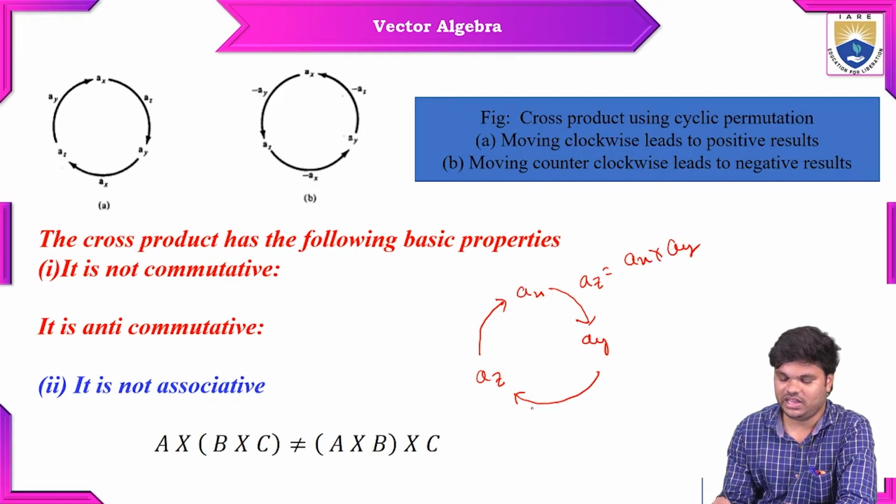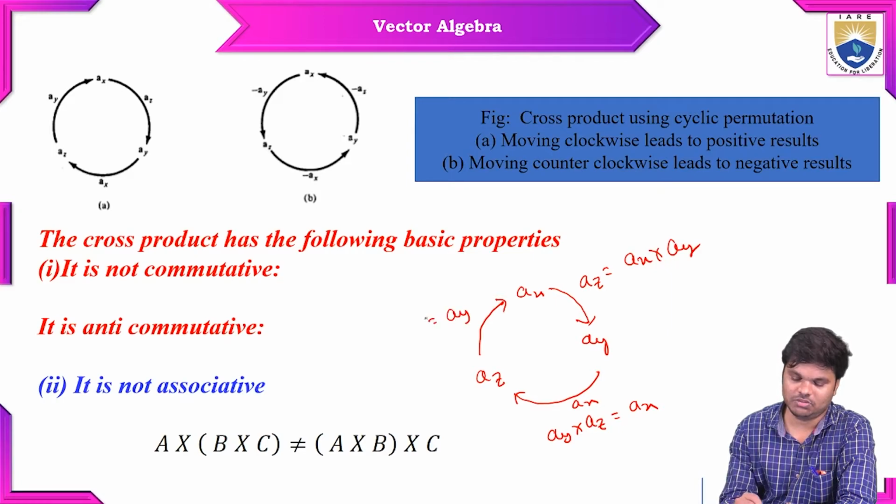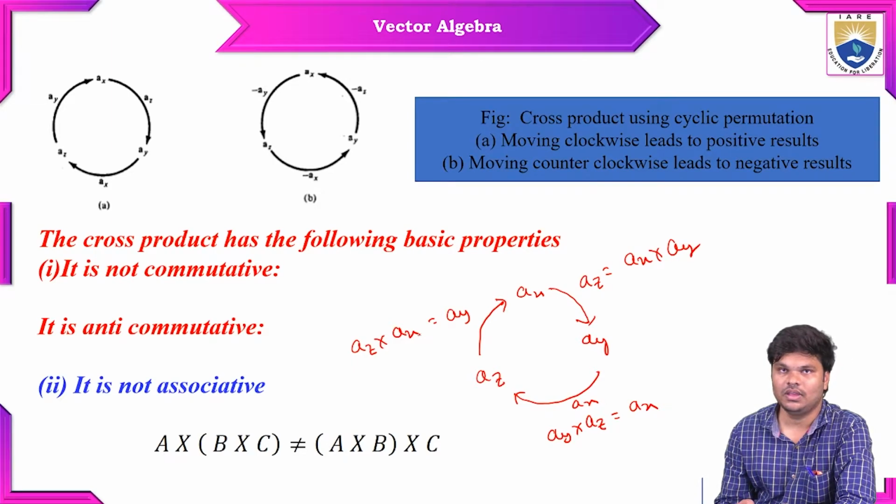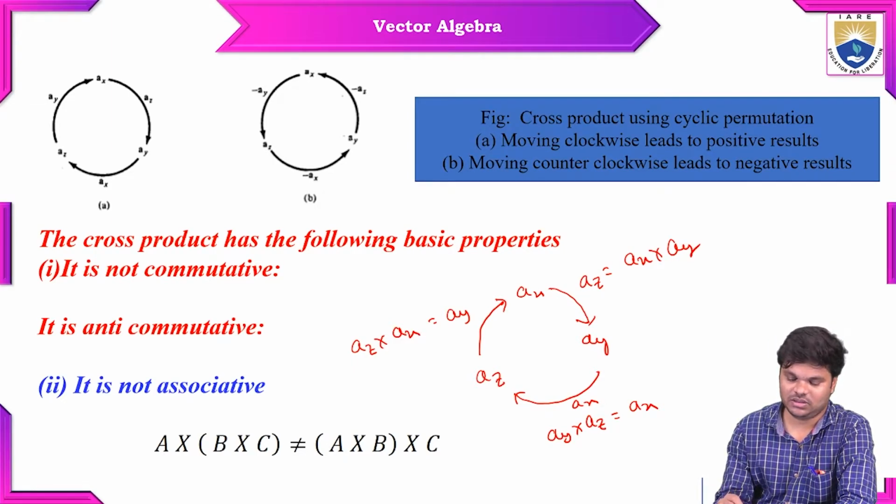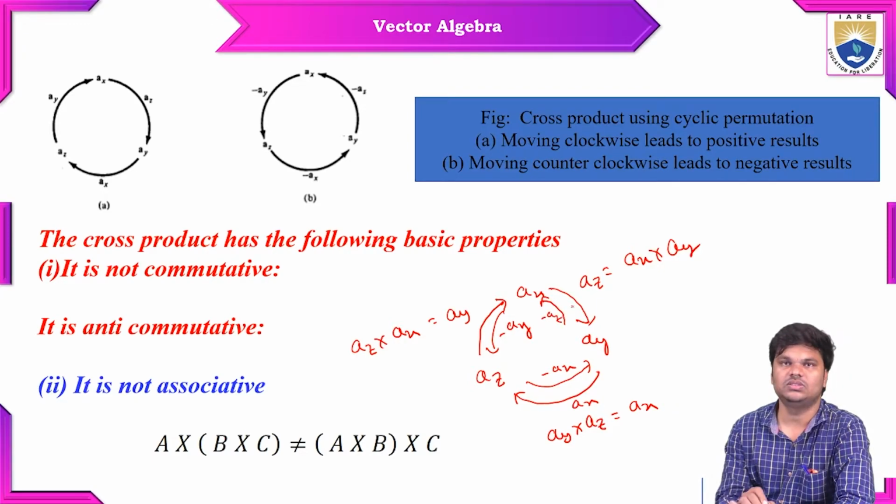If I move from AY to AZ, that means AY cross AZ, which is nothing but AX. Here AZ to AX, which is nothing but AY. If I go in reverse direction, then this is minus AY, this one is minus AX, and this one is minus AZ.